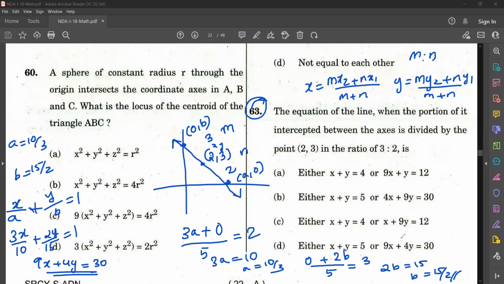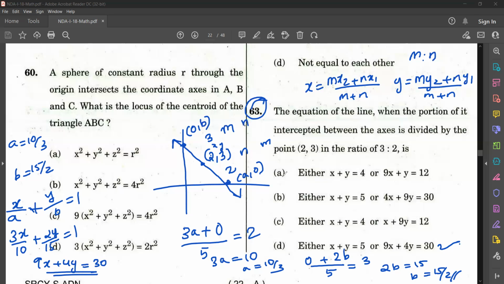So listen here. Only one option is having 9x plus 4y is equal to 30. That is option D. But see, there are two answers. Why are there two answers? Because this can be split into two cases. If you want, you can take the ratio m is to n with this as m and this as n.